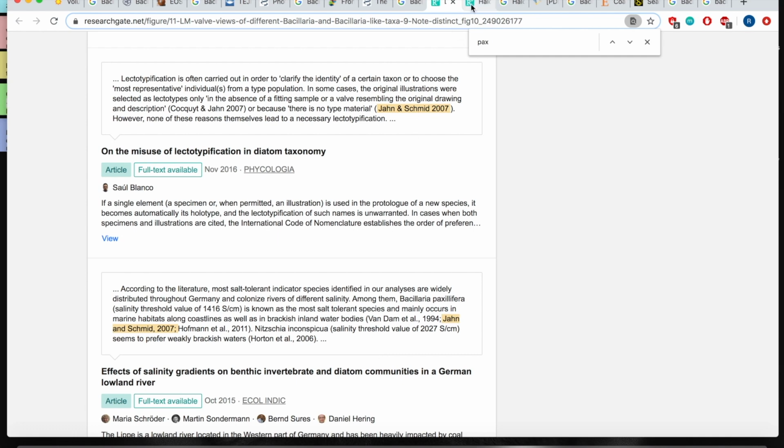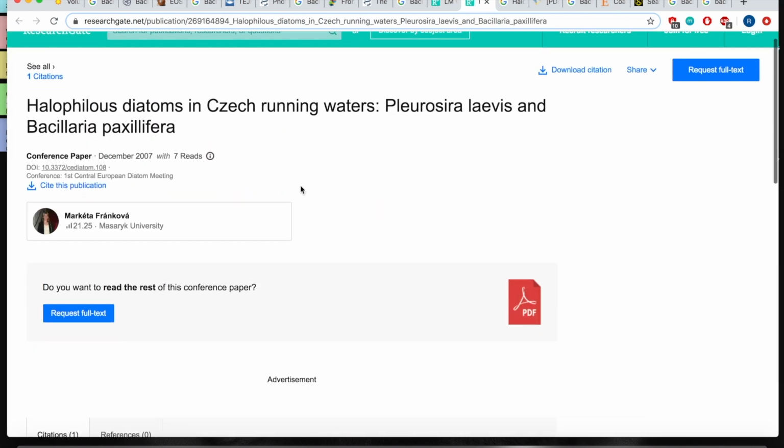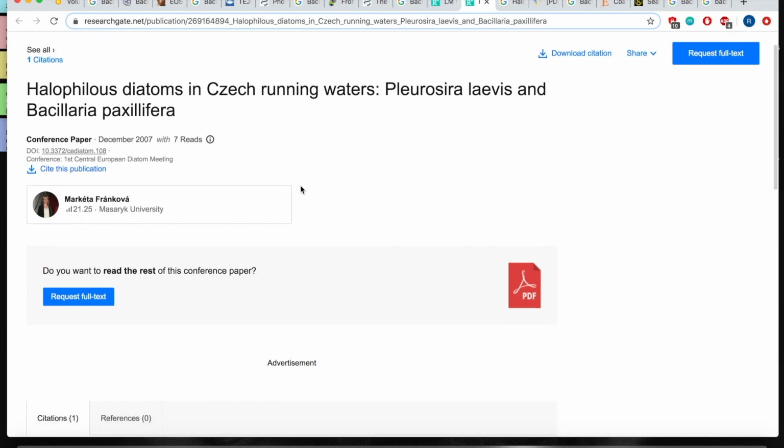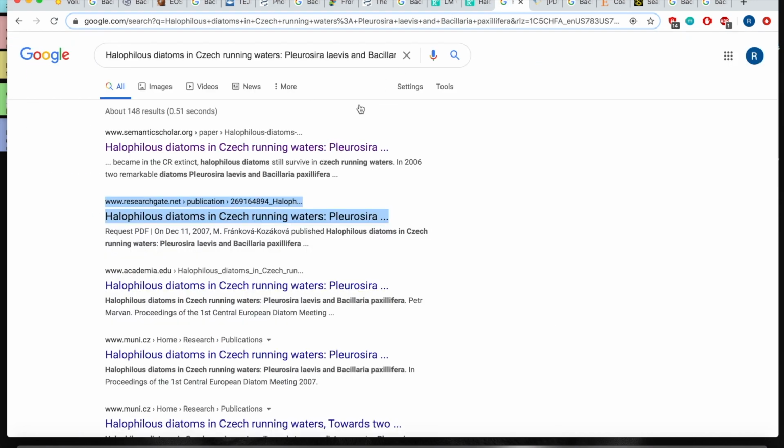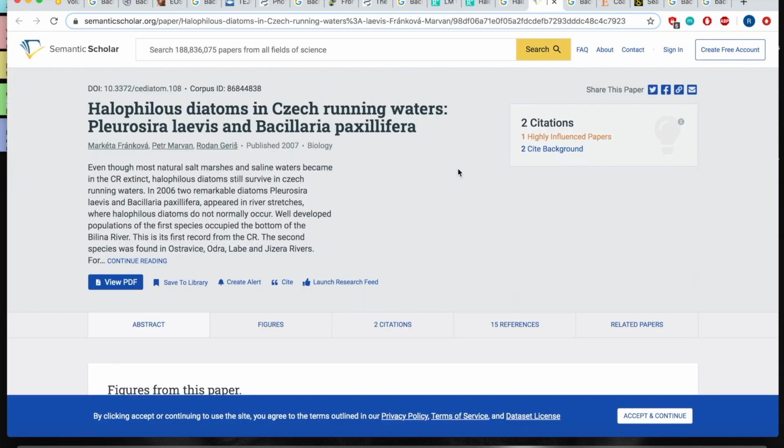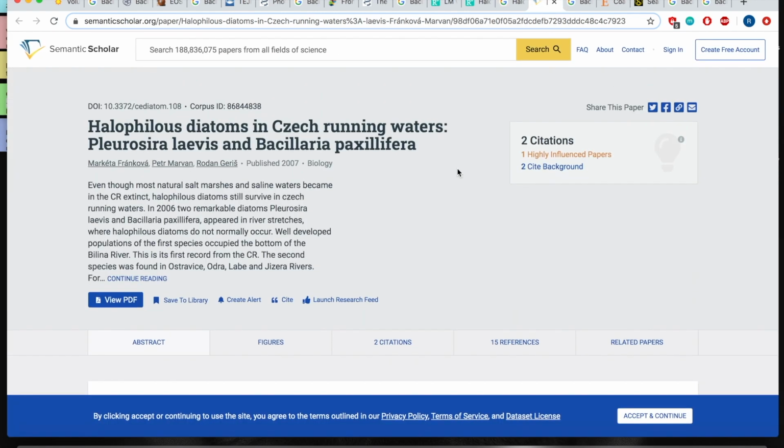I found this one, but it wasn't really available to me, so I Googled the title to see if there was anywhere else I could have access to it, and I got Semantic Scholar. So using this source, I'm going to annotate yes for extreme affinity, and I'm going to say it's a halophile.